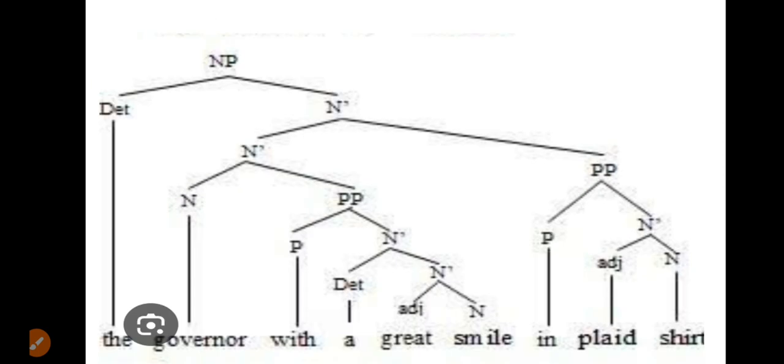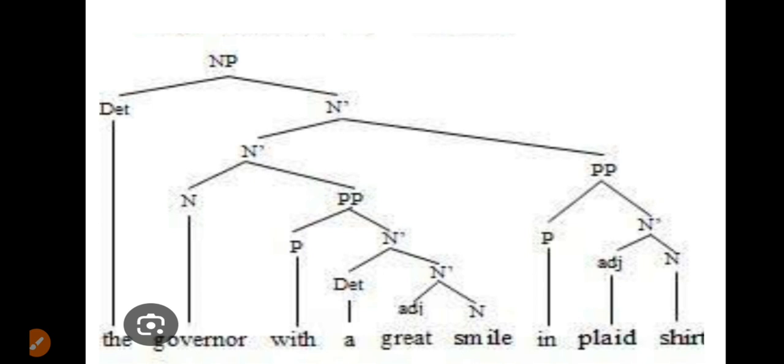Okay, now: the governor with a great smile in plain shirt, probably, right? So the governor, of course, is a noun phrase, with a great smile a prepositional phrase, in plain shirt a prepositional phrase, right? So that's a noun phrase here, with a determiner.